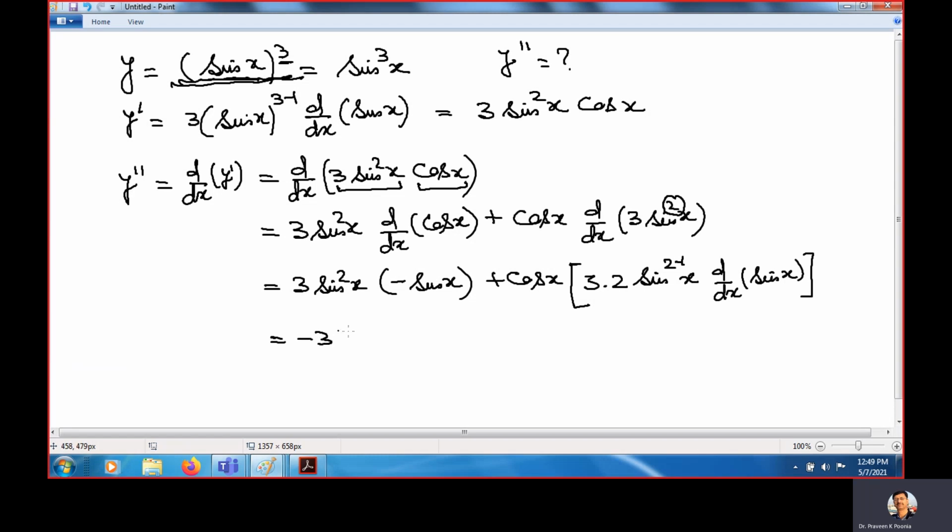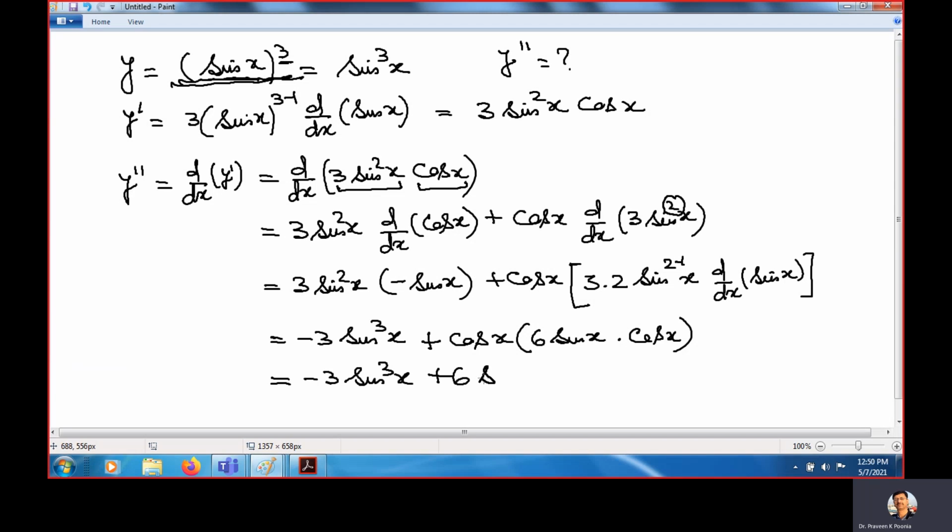Simplify this: it is minus 3 sine power 3x, 2 plus 1 is 3, clear, plus cosine x times, and what we are getting here, 3 times 2 is 6, 2 minus 1 is 1, 6 sine x, and the derivative of sine x is cosine x. So it will be minus 3 sine power 3x plus 6 sine x cosine square x. This is the second derivative of sine power 3x or sine x power 3.